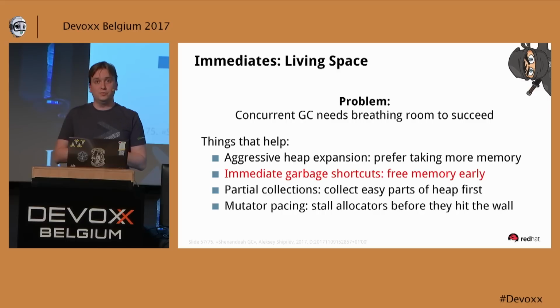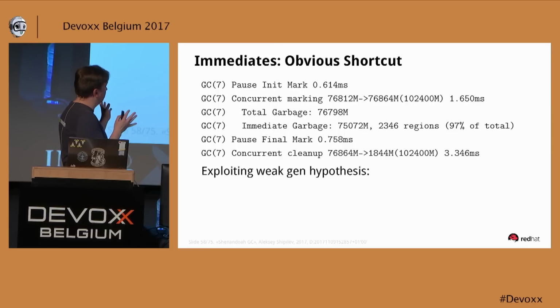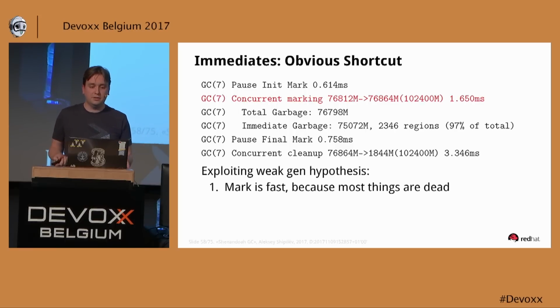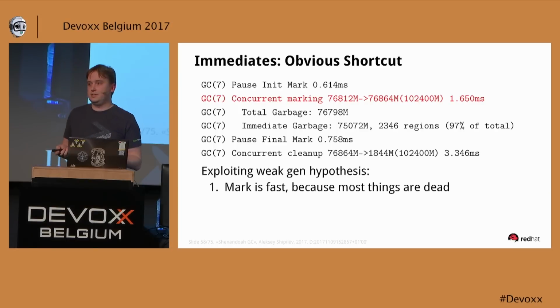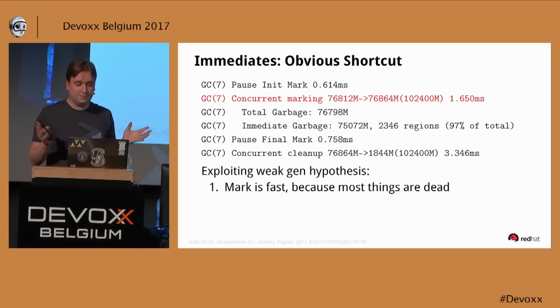The second thing that you can do in GC is the immediate garbage shortcuts. And to understand how it works, it's instructive to see some of these cycles. So for instance, you have a 100 gigabyte heap. You marked it, but you realize that everything in that heap is dead because it's a young GC workload. And the mark is fast that way because it only visits the alive objects.